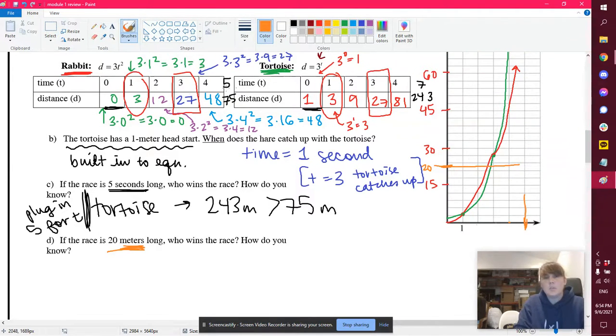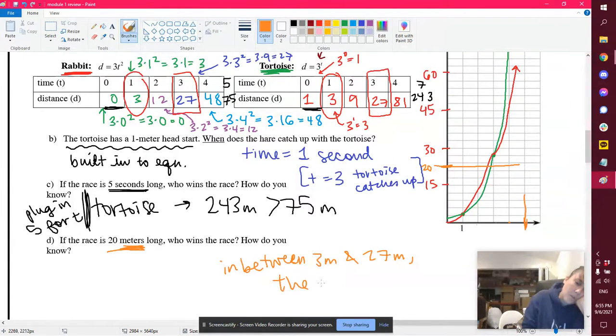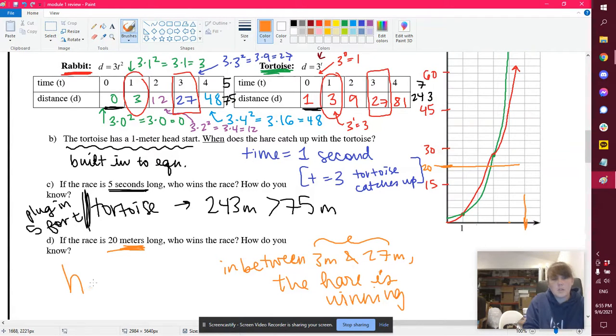In between 3 meters and 27 meters, the rabbit is winning. And because 20 is in between these two numbers, the rabbit's actually going to win.